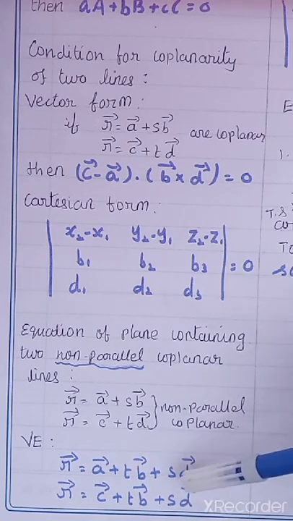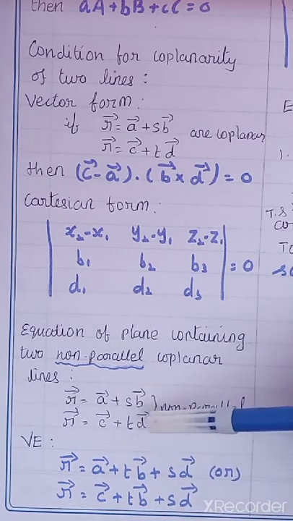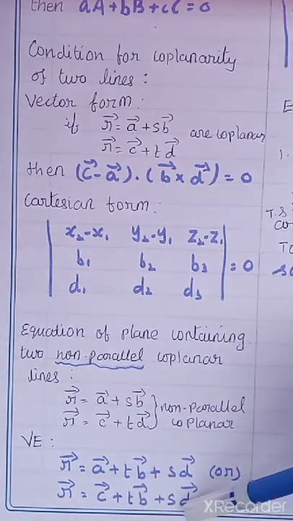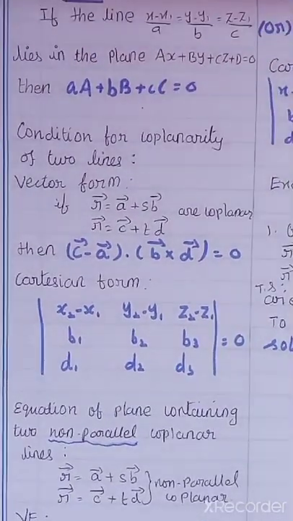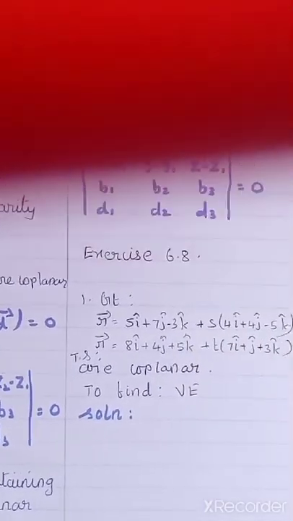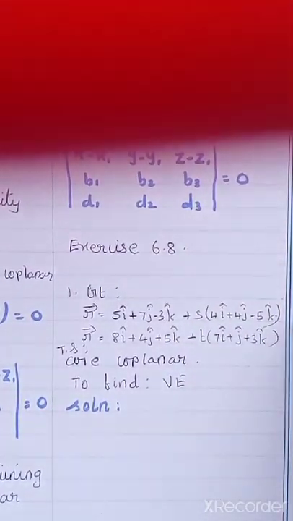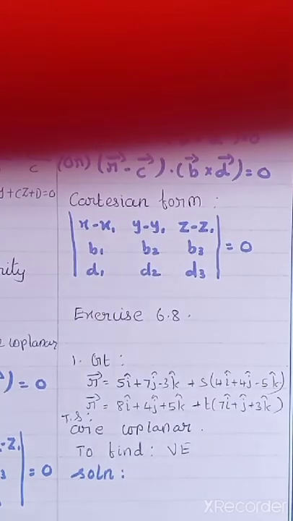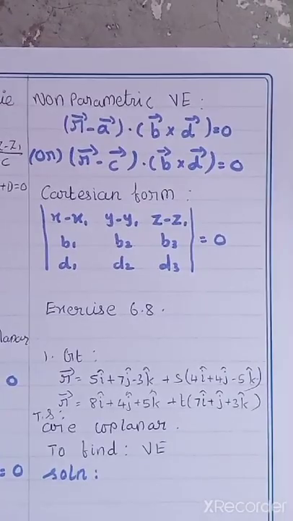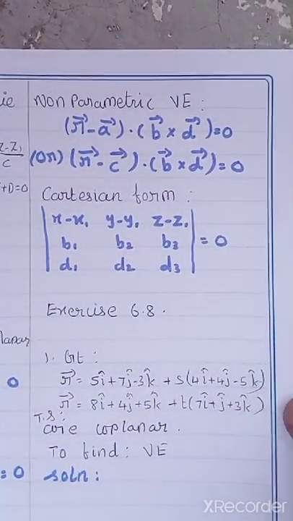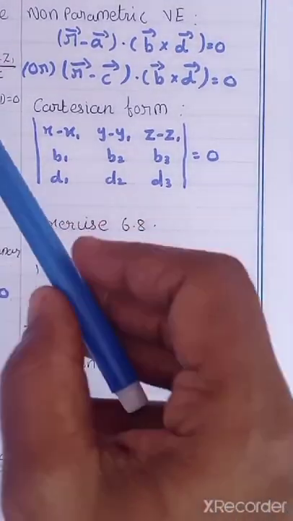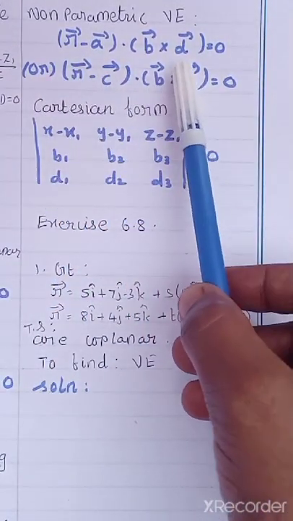Both equations are one and the same; with A you can make the first equation, or with C the second. Is that clear? This is the vector equation of a plane containing two non-parallel coplanar lines. Next we are going to see the non-parametric vector equation. So what is your non-parametric vector equation?